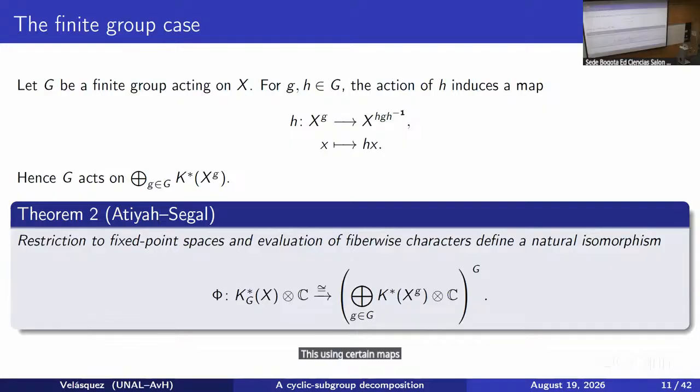And this condition allows us to use induction. Then the idea is to prove the isomorphism when X is an orbit, and then use induction to extend this isomorphism to every GCW complex. That is the idea of the proof.